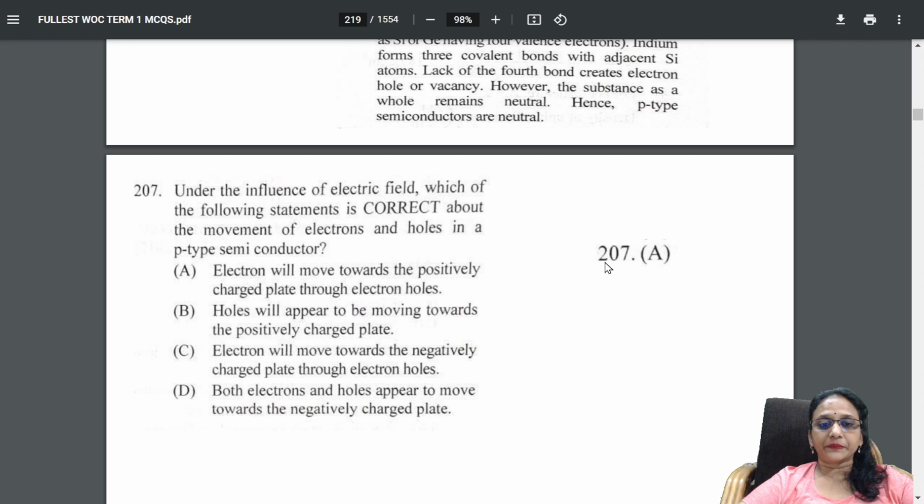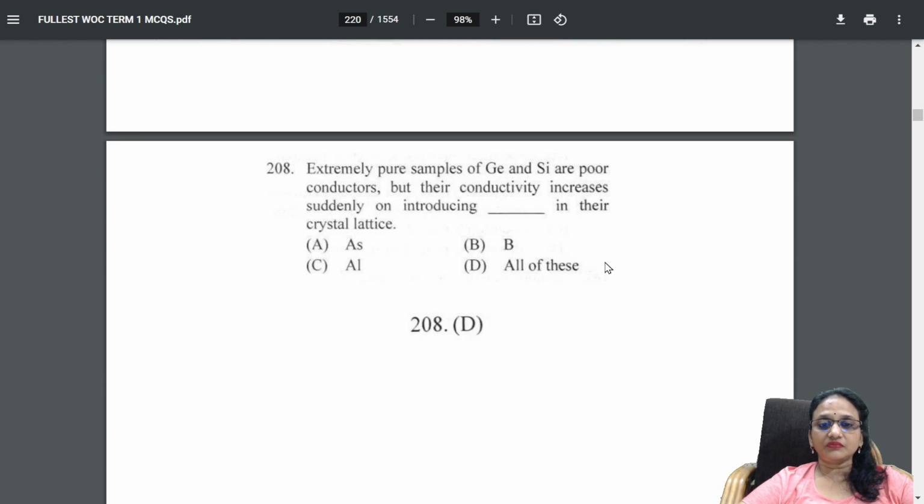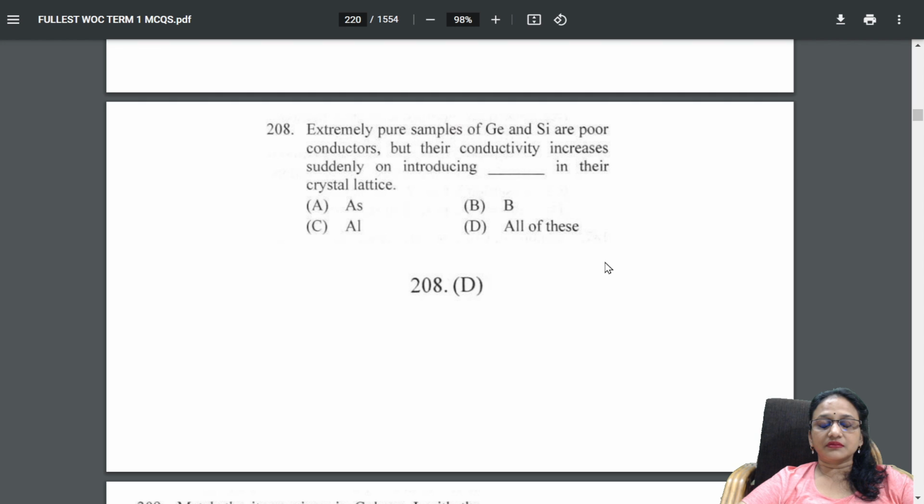Semiconductors questions with the example, with the explanation I have given here. Electrical field, fine. Germanium, again the same. Conductivity: pure samples of germanium and silicon are poor conductors, but you have to increase the conductivity. What do you do? You start doping it, correct?